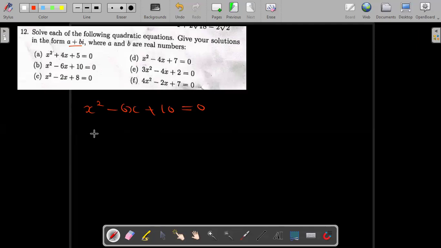Then after that, you want to group this in such a form where you get your x. So this x comes from here. Just get x, then you leave out the square. Then this part here, the coefficient of x, which is -6, you must half. By half, I mean divide this by 2.